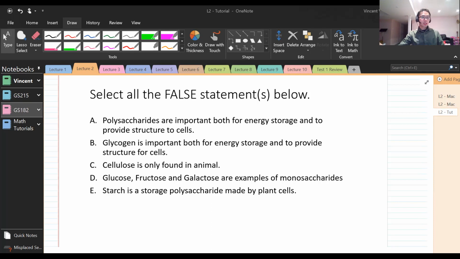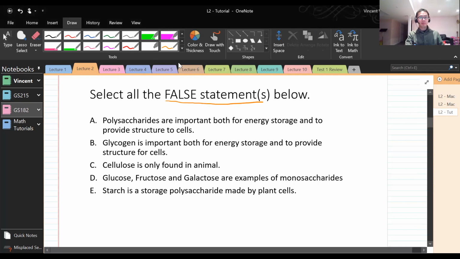Here are the results. Let's see. We are selecting all the false statements. First one, polysaccharides are important both for energy storage and to provide structural support. Yeah, that's correct. Energy storage would be things like glycogen and starch, and support would be like cellulose and chitin.